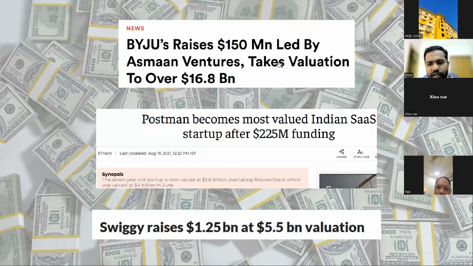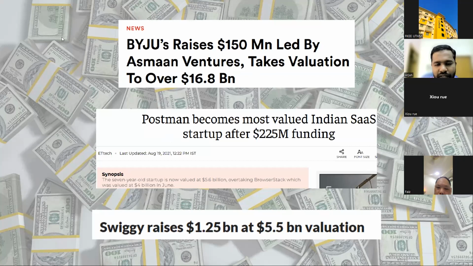Okay, so these are some examples for the terms that we just saw: valuation, dilution, round size, and things like that. If you see this, you can see Byju's, a big company in India, raised $150 million at a valuation of $16 billion.